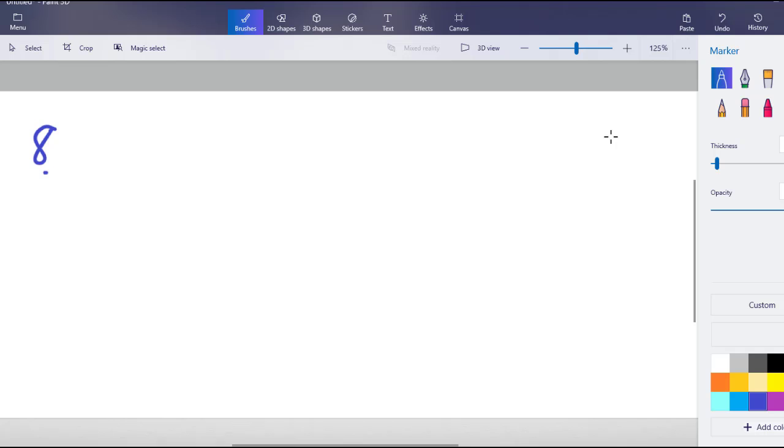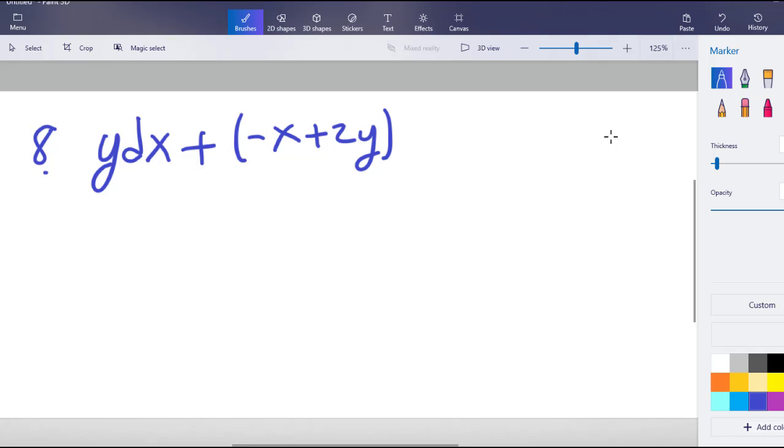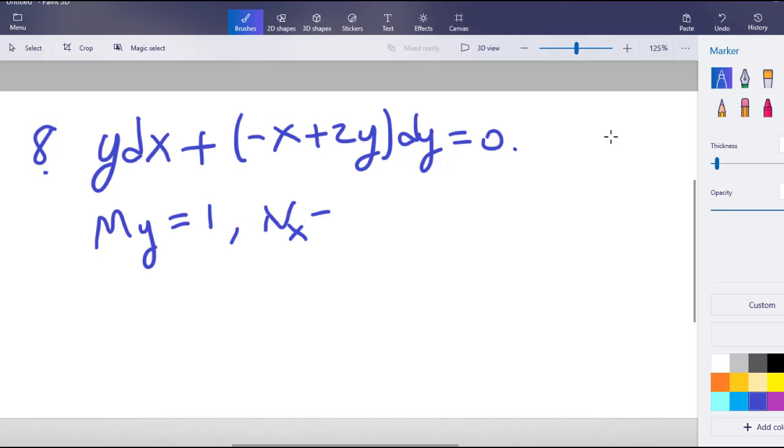For problem 8, we have the differential form y dx plus negative x plus 2y dy equals 0. In this case, my is 1 and nx is negative 1, which means this differential form is not exact.